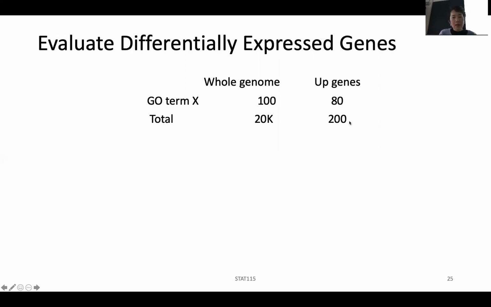And then you ask, in this gene expression RNA-seq experiment between the treatment and control, how many genes are upregulated? Supposedly we have 200 genes that are upregulated, and then we ask how many of those upregulated genes have this gene ontology term. If it's 80, we can calculate whether this is a significant enrichment of genes belonging to this particular gene ontology term.